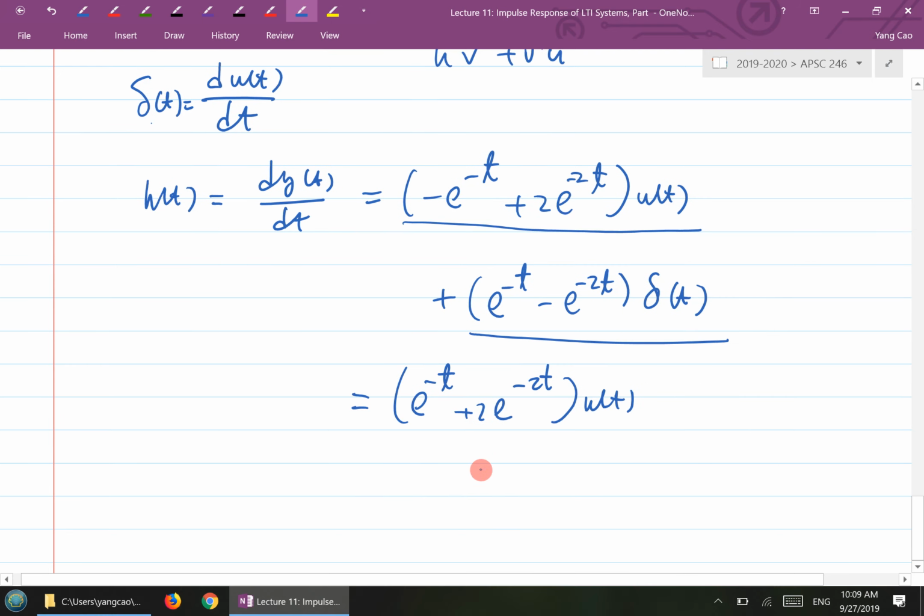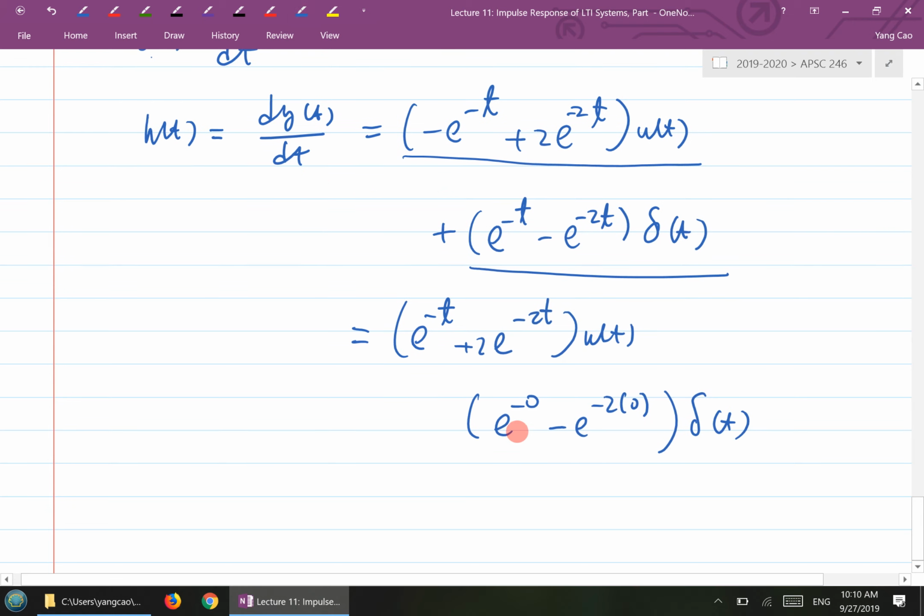We replace t with t equal to 0. That's a simplification. And for these two terms here it is 1 minus 1, so you get 0 times delta t. Right? 0 times delta t.